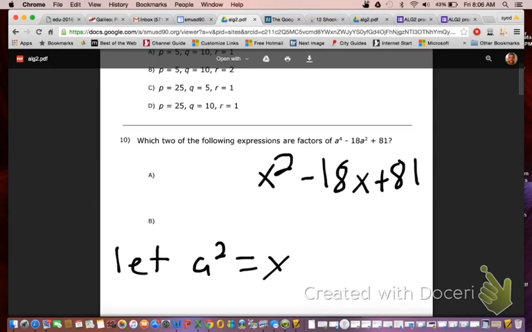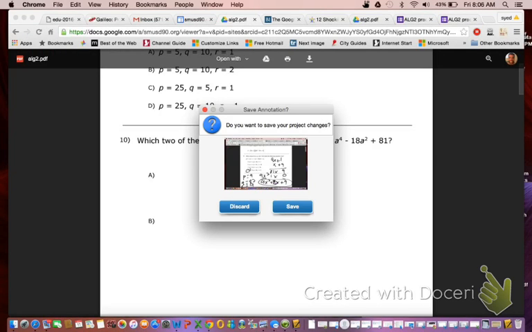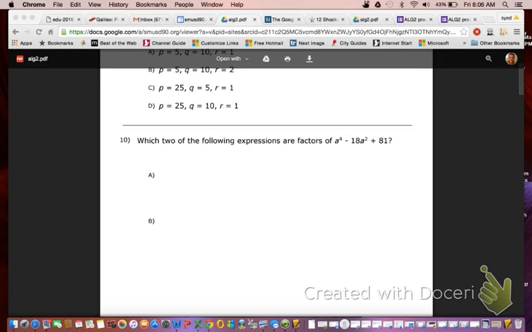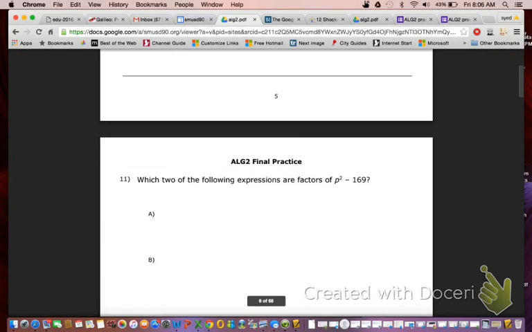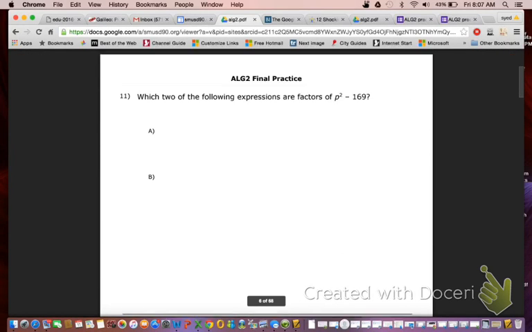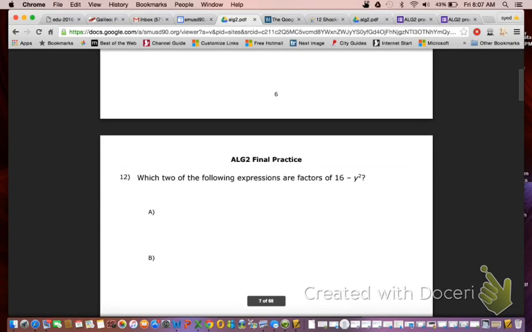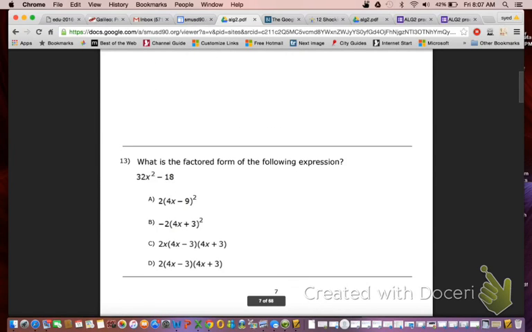I don't even know what the answer choices are, so let's do that. No answer choices, it's weird. Okay, excuse me. Again, work backwards here until you find the right answer.